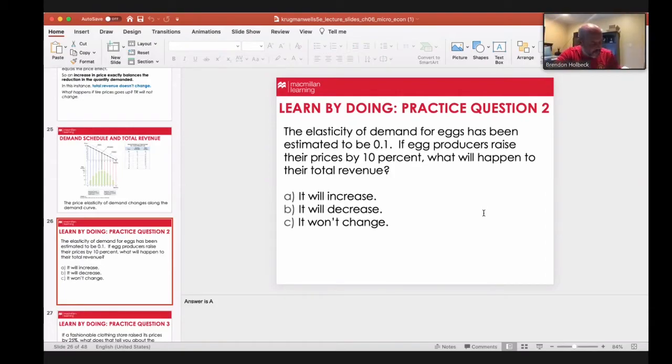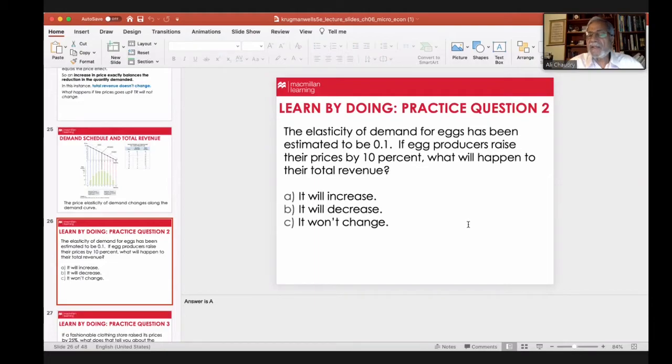On the right-hand side, we have percent change in quantity demanded, and in the bottom, percent change in price. So the denominator is 10, that's the percent change in price. We want to know the percent change in quantity with the elasticity being 0.1.